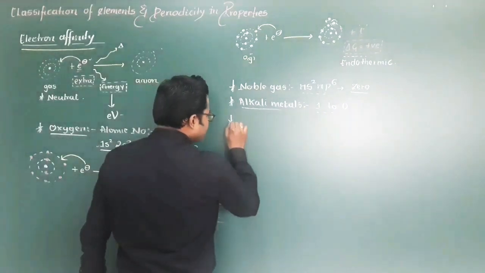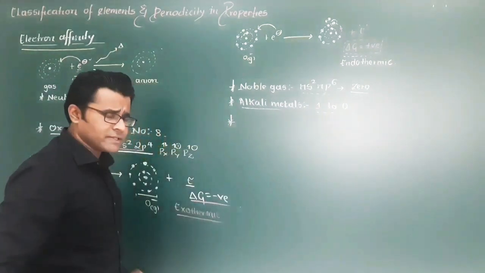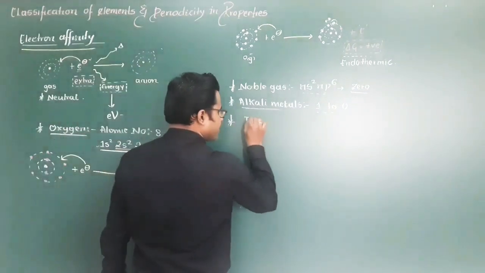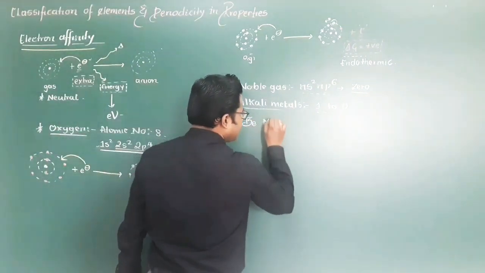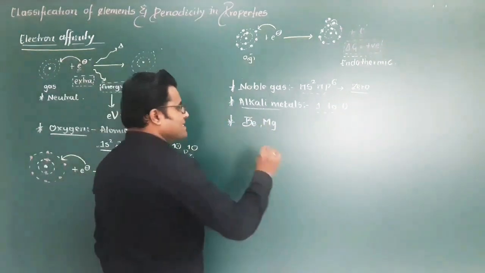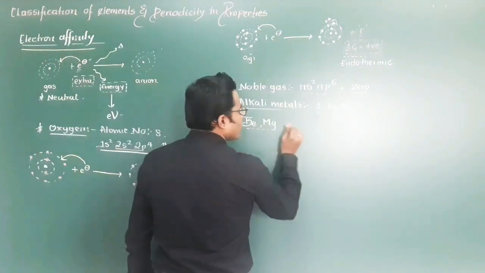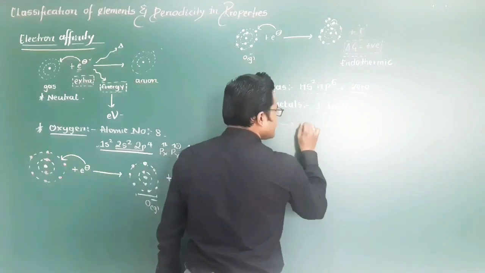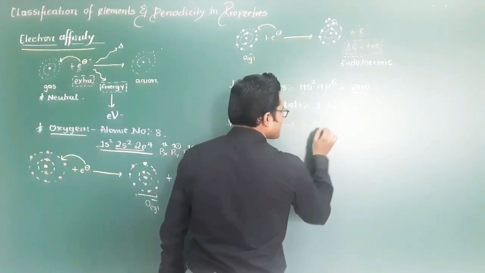Coming forward, there are a few elements such as beryllium and magnesium. If we observe, there are certain elements wherein the electronic configuration is somewhat like ns2.